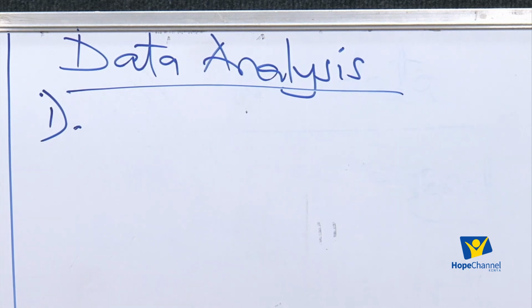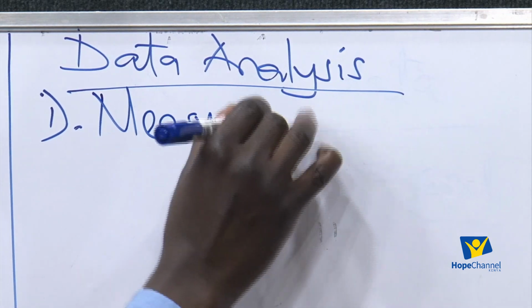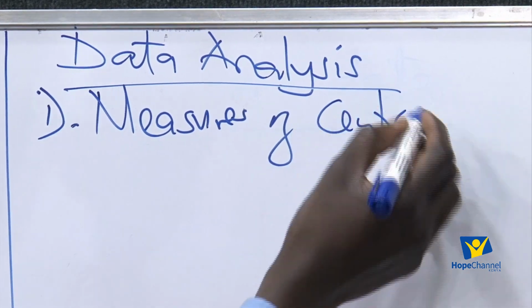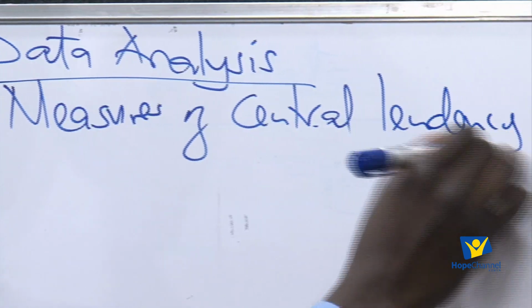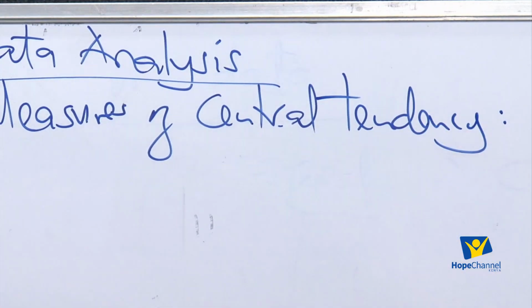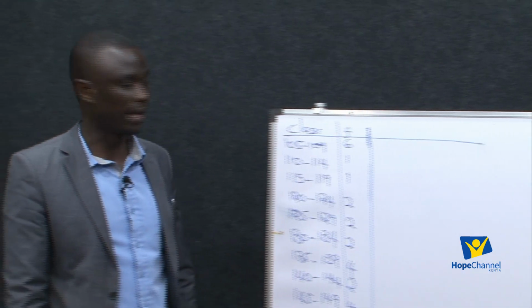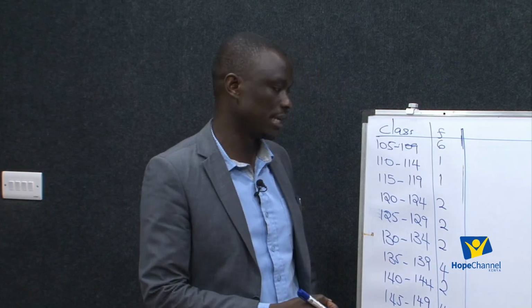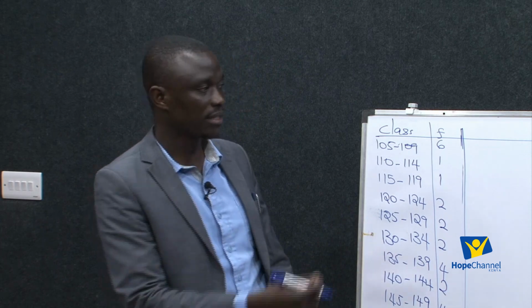The first thing is called the measures of central tendency. If you are given data like this one, we want to get some of the measures of central tendency, like the middle of the observations, the central observation, things like the mean.